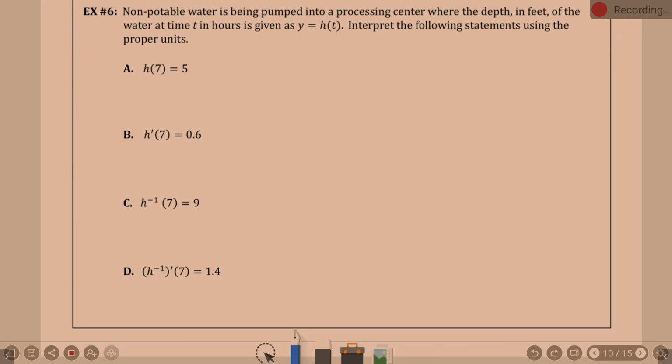At 7 hours, the water is 5 feet. Pretty much. No derivative here, right? Nothing fancy. Notice he threw in that the labels are feet and hours. You have to throw in those labels. But yeah, basically, at 7 hours, the non-potable water is 5 feet deep.